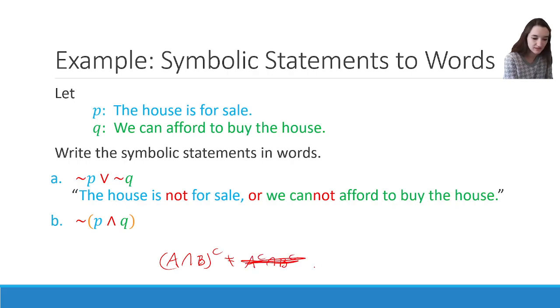It's not that. It is instead A complement union B complement. That rule works in logic too. It is still called De Morgan's law. It's just, okay, well, now we make this a V and we make this an upside down V, and this becomes the negation instead of a complement, but it's the exact same law, right? We're going to talk a lot more about this later, so you don't need to worry about this, but the point I want to make is that no, you cannot just bring this negation in.